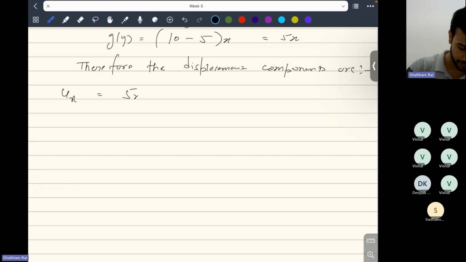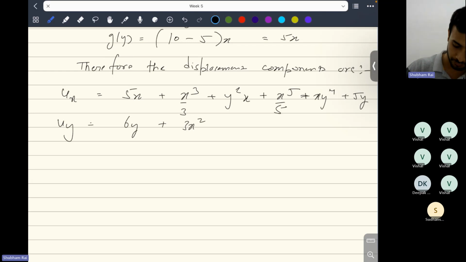So ux is equal to 5x plus x³ by 3 plus y²x plus x⁵ by 5 plus xy⁴ is 5y, and uy is equal to 6y.